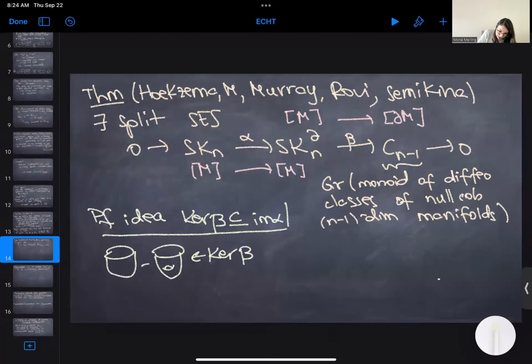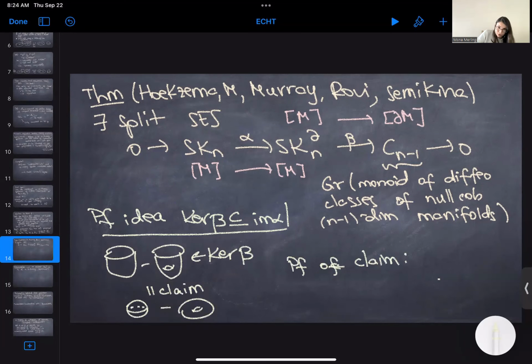So the claim is that this is equal to the formal difference of, no, sorry, not this, the sphere minus the torus.